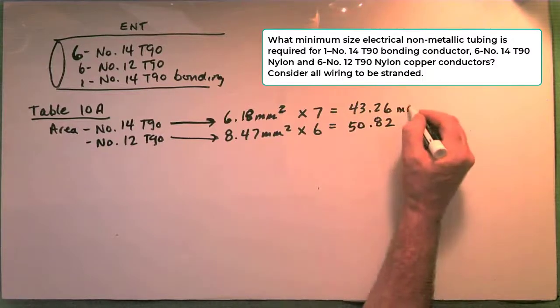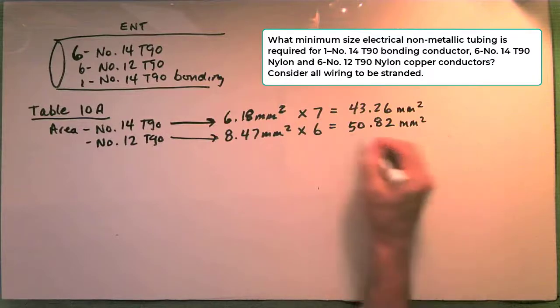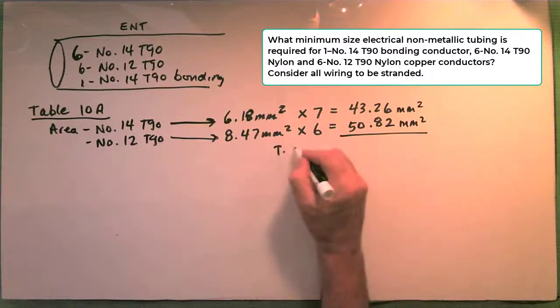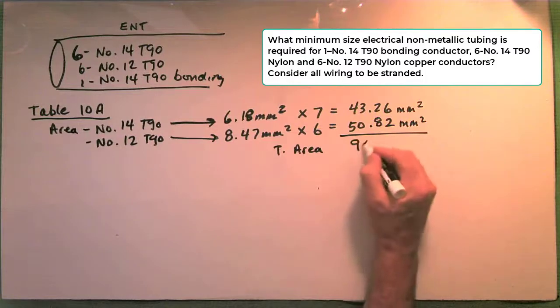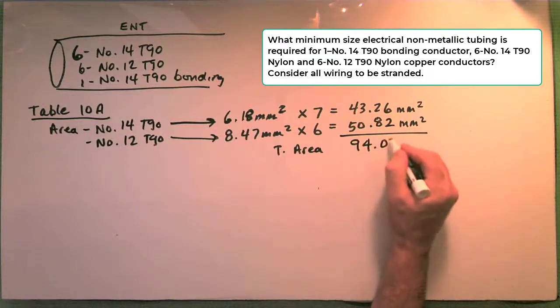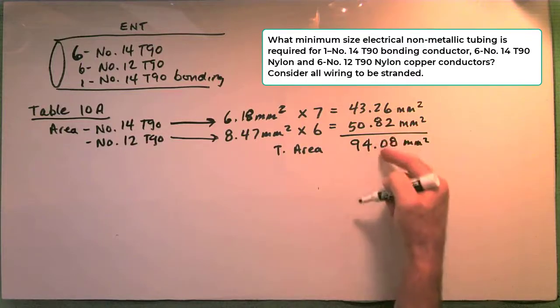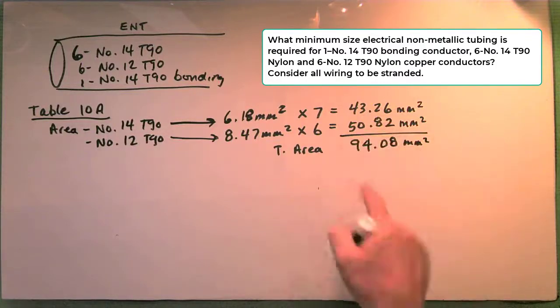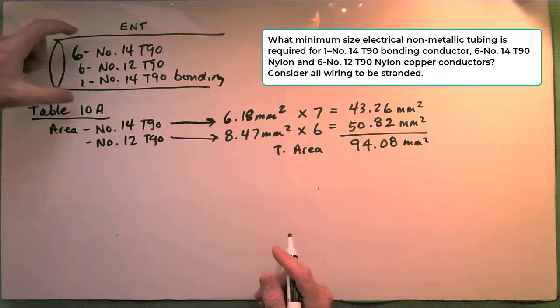How's that look? I don't know. Okay, thanks for holding back. Now I got to get my total area. 94.08. Yeah, it looks good. So now I got my total area of all these different wires that are in here.